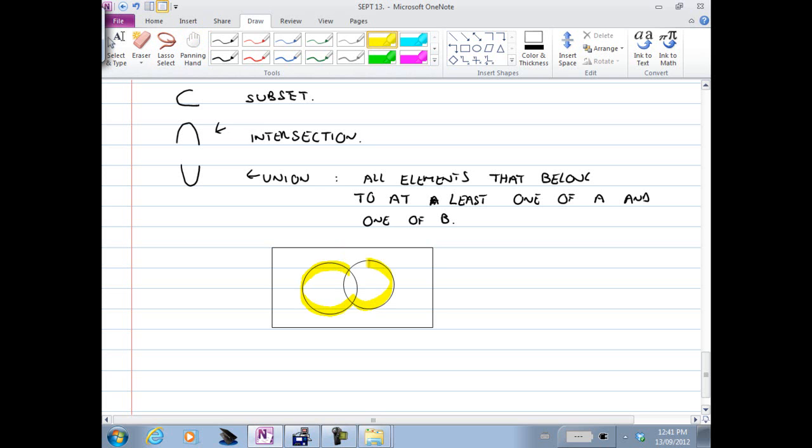It means I'm counting both circles, and all this yellow part right here, including the sharing part, is called union. So this yellow part is A union B.